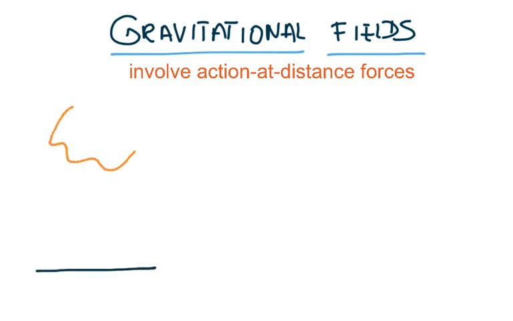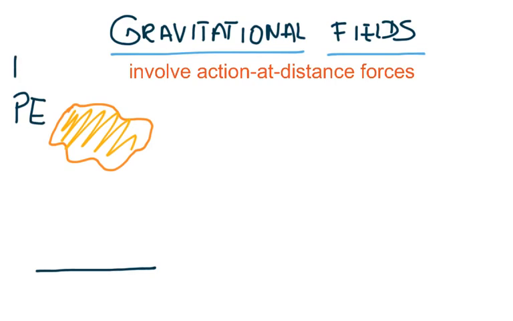We have a stone right here, some distance above the ground. Since the stone is pretty high above the ground, its potential energy is pretty high, because we know the higher the object is, the higher potential energy it has.